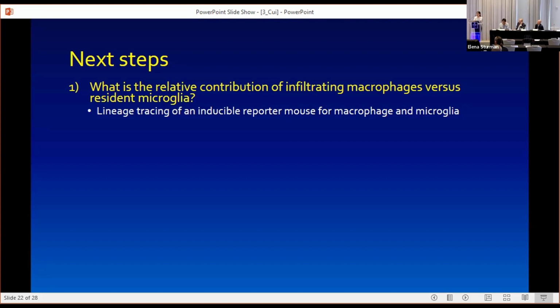So it's very difficult to figure out what is resident microglia and what is an infiltrating macrophage based on expression profile. The really definitive way to look at that is through lineage tracing. And so we produced this inducible reporter mouse for macrophage and microglia that expresses a green fluorescence for macrophage and a red fluorescence for microglia. We're going to use that to figure out what percentage of the activated monocytes are macrophages and what percentage are microglia after intraocular pressure elevation.